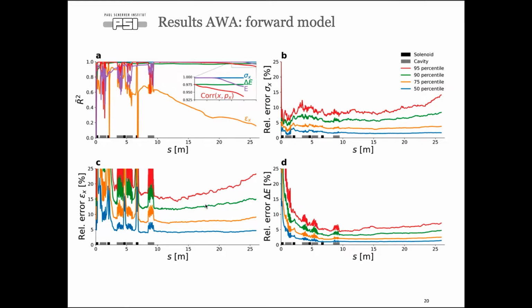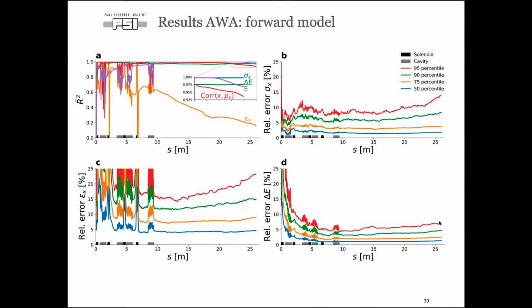But nevertheless, as you can see here, the relative prediction error also for the emittance stays below 25% for a 95% confidence. For the other quantities, it's lower, below 15% relative error for all the other quantities.